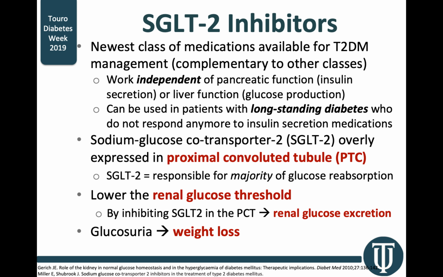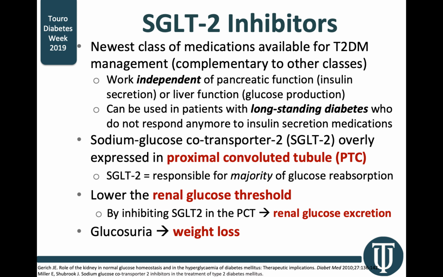So specifically, SGLT2 would act on the proximal convoluted tubule, and it happens that the proximal convoluted tubules have SGLT2 receptors that are overly expressed. And in terms of why is it significant? Because SGLT2 receptors are responsible for the majority of the glucose reabsorption.